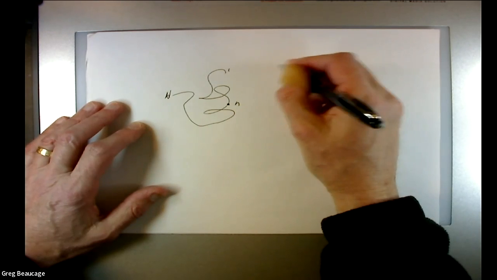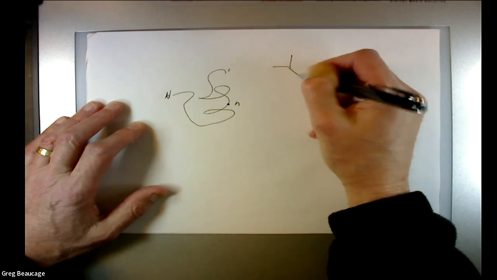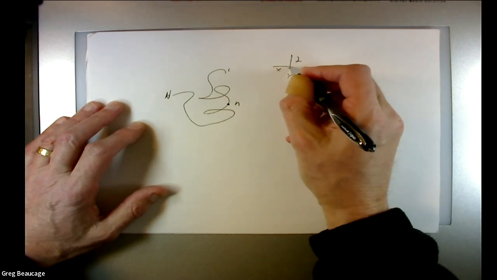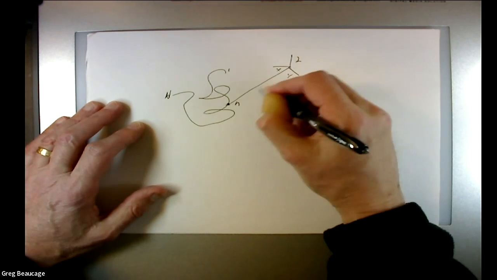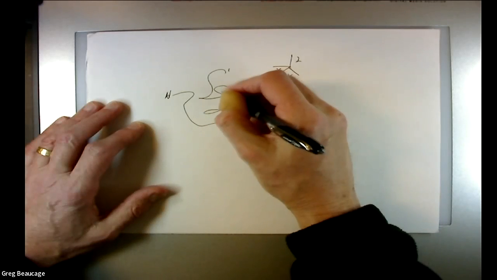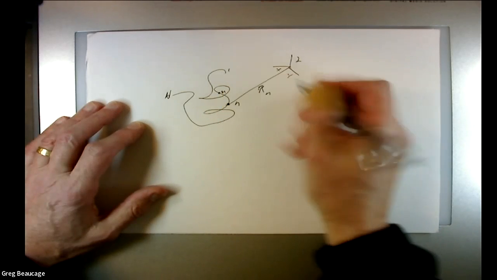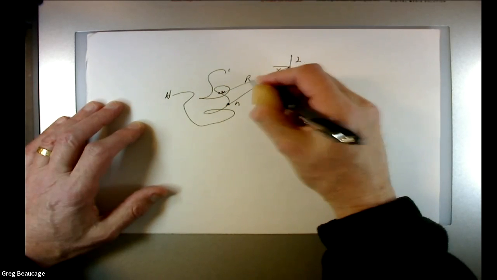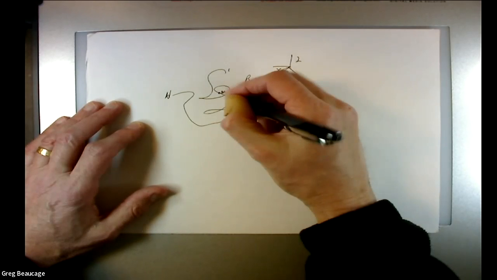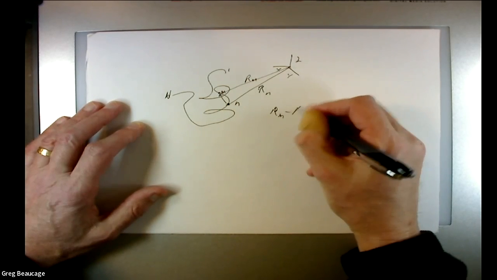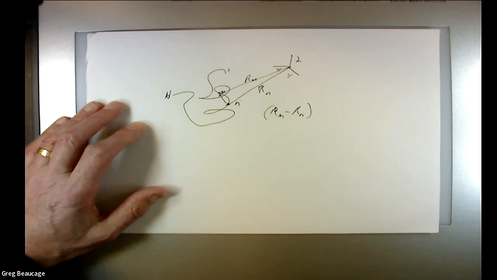Then you have a coordinate system like that. And you can have a vector, a big vector R_n, and there's some other point m in the chain, with R_m. Then the distance between these two is R_m minus R_n.